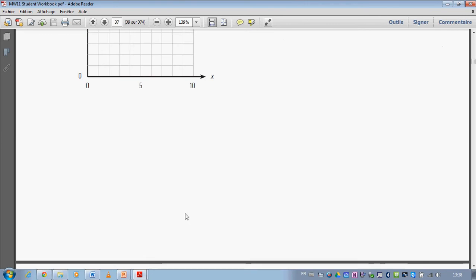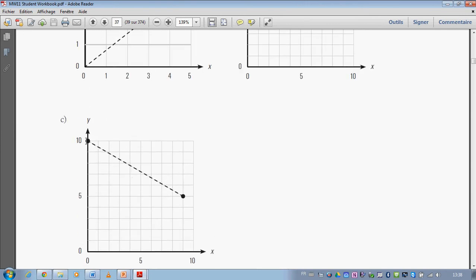Okay. Now for C, this one here is dropping. We said that this is a negative slope, and that would be because its rise is actually negative. That means it's actually dropping. So it goes from 10 down to 5. You see how this point here has a y value of 5, and this point up here has a y value of 10. So it actually drops by 5.